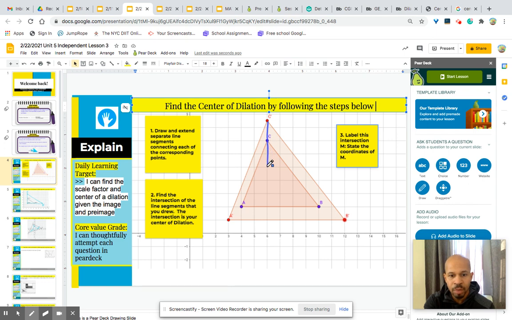Obviously, you may not draw a line that's perfect, but you want to try to be as careful as possible when you're drawing these lines. And you could more than likely see the point of intersection, even if it's a little bit off. So same thing with B and B prime. Now notice to go from B prime to B, we have to go over 2, up 1.